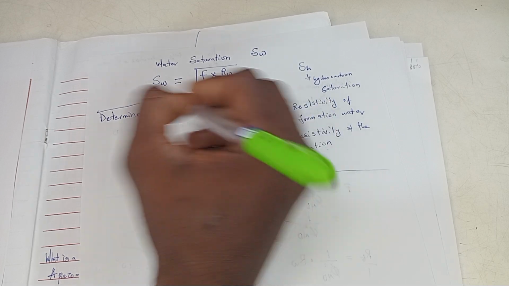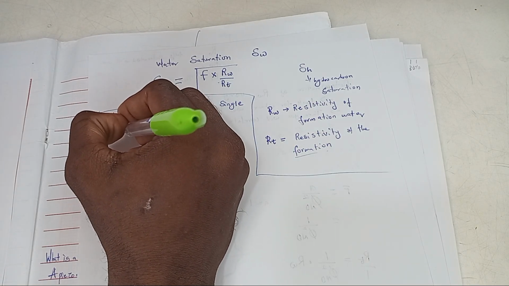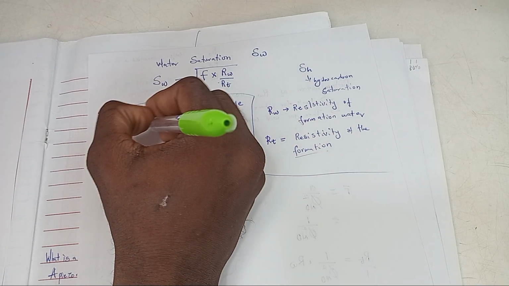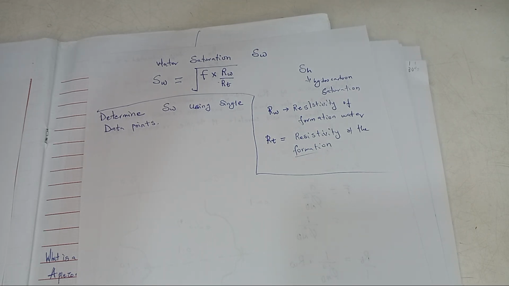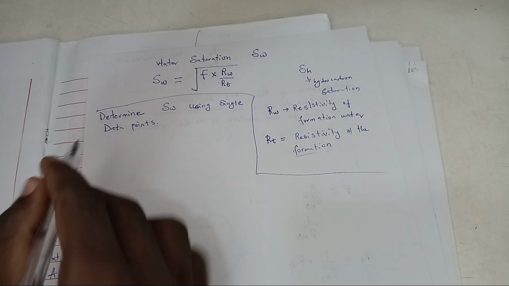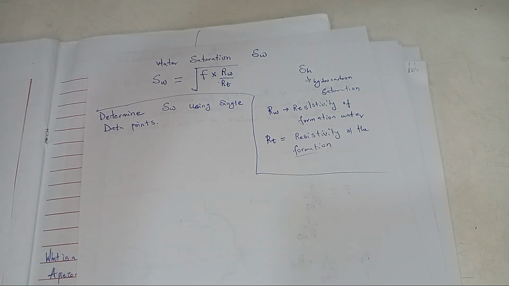For you to get SW using a single data point, it's about how you're going to get your RT. Because basically, you've gotten your RW already, the resistivity of formation water.